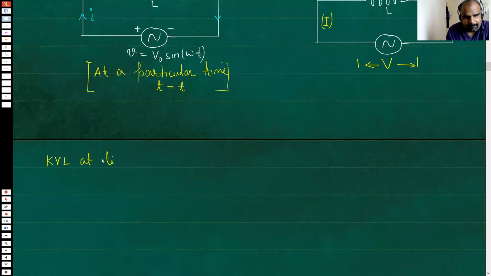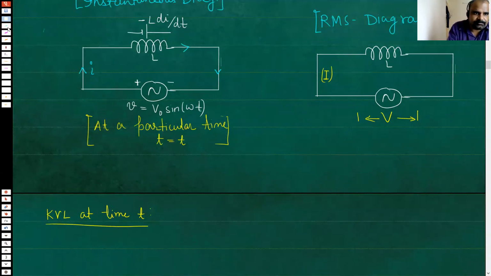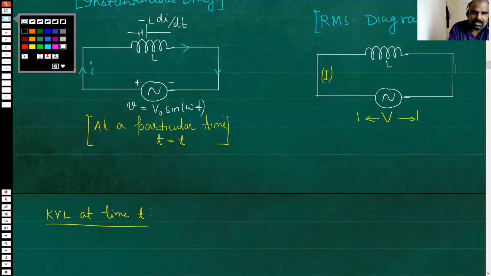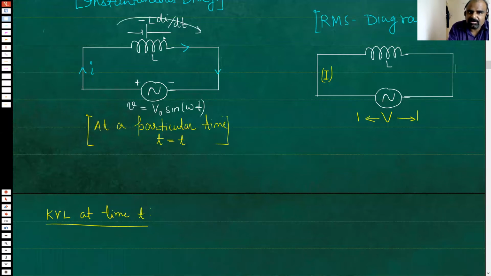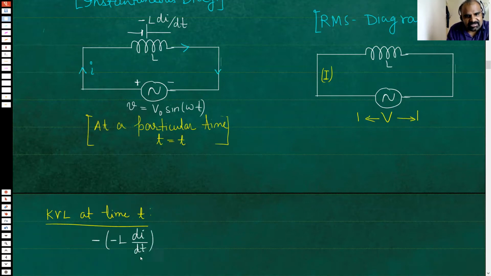Okay. Now we'll apply KVL at time t. That means at this time. So when you travel from here to here, you get minus of minus L di/dt. I hope it's correct. I know it is, but I hope you understood why.